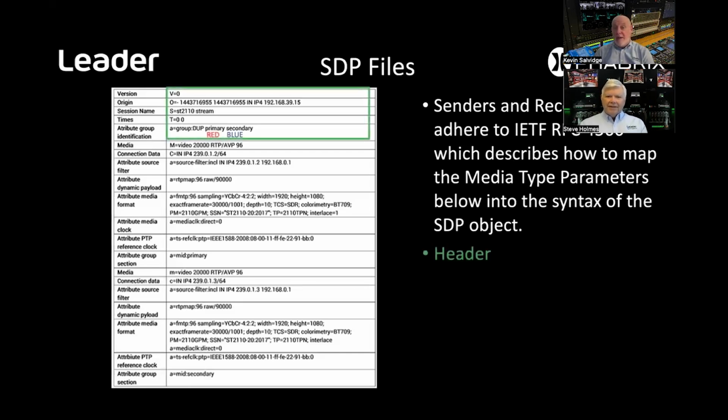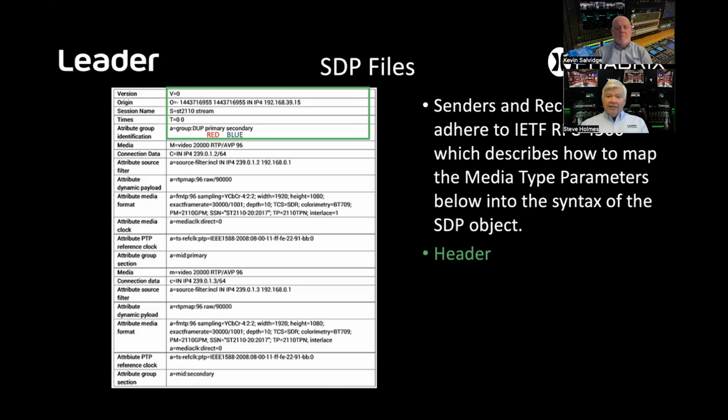So let's take a look at this. And we'll start off with the header information, Steve. Yeah, on top, one of the things that you'll definitely see is that a lot of them will say DUP, meaning that it is a -7 SDP file.